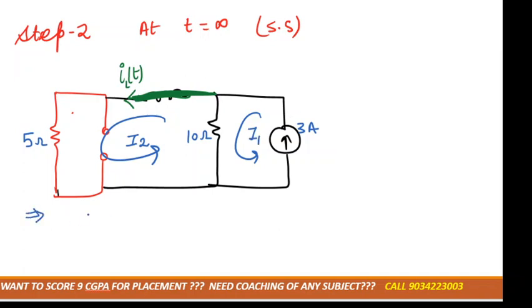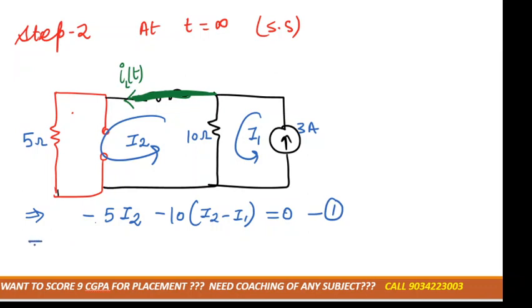Now tell me the 2 mesh equation. Minus 5 I2 minus 10 I2 minus I1 would be equal to 0.